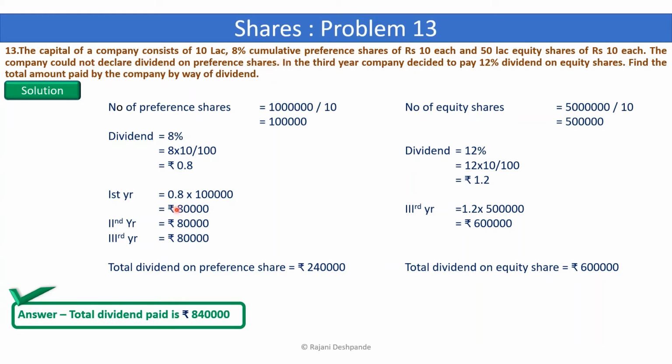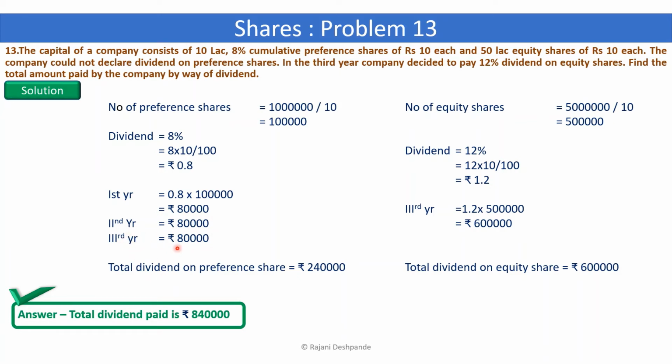So here for the first year, the dividend to be paid for the 1 lakh shareholders was rupees 80,000, because 8% dividend, that is rupees 0.8 for the 1 lakh shares, comes to 80,000. So the total dividend to be paid for the 1 lakh cumulative preference shareholders is rupees 80,000. For the second year also it is 80,000.